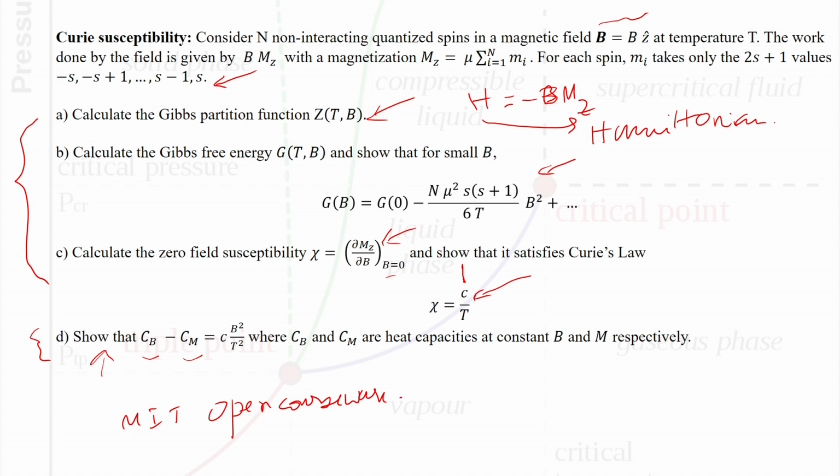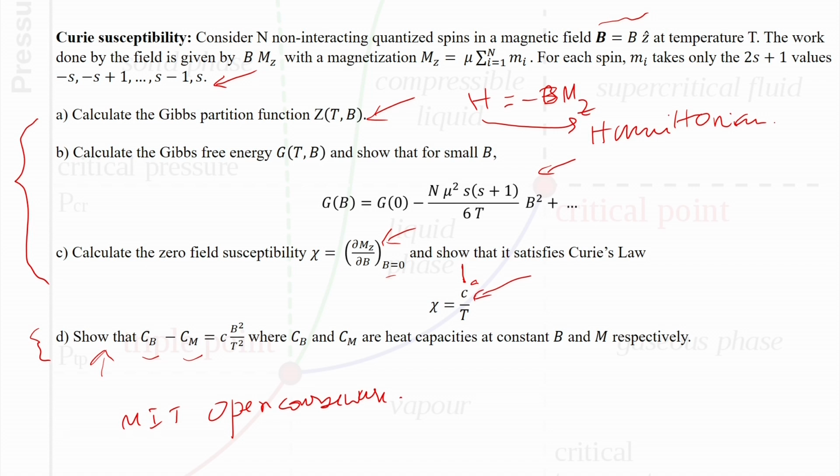You can change temperature holding the magnetic field fixed, which is easier, but you can also change temperature holding the magnetization fixed. You can ask yourself what the specific heat is in each situation, and they are going to be different. We are asked to show that the difference between these two is precisely this constant C times B squared by T squared.